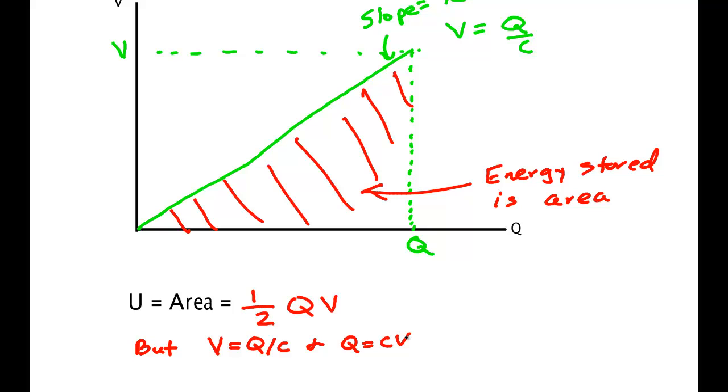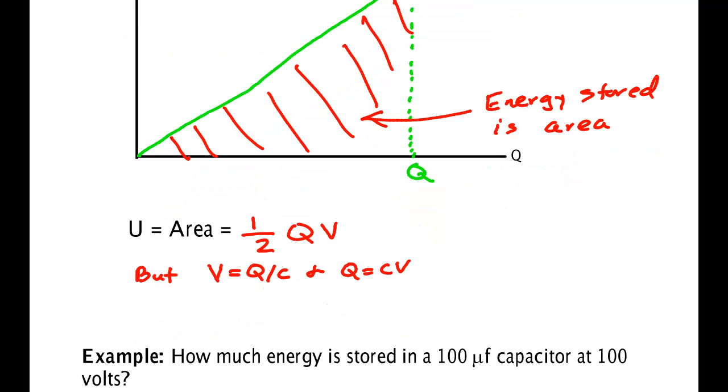So we can rewrite this equation in two usually more useful forms, in which we say that the energy stored is Q squared over 2C, where we have substituted in for V, or 1/2 CV squared, which is more commonly used because usually we use a battery or something to set the voltage.